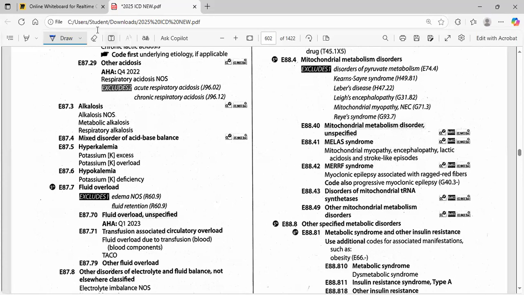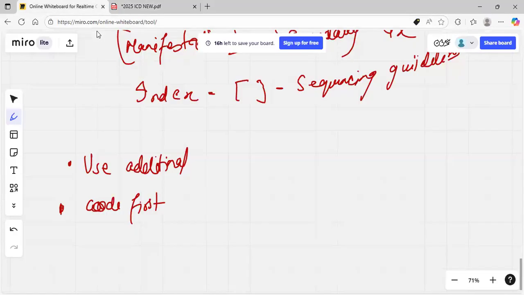So in the tabular we have two types of instructions, use additional and code first, which will help us to determine the sequencing of the codes. That is what will be a primary diagnosis and what will be a secondary diagnosis. In the alphabetic index, we just have the brackets which will tell us that this should be a secondary diagnosis.